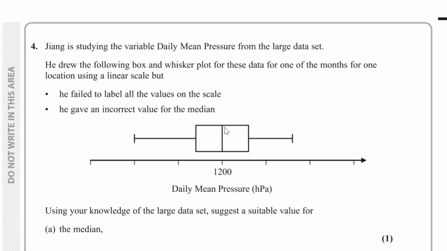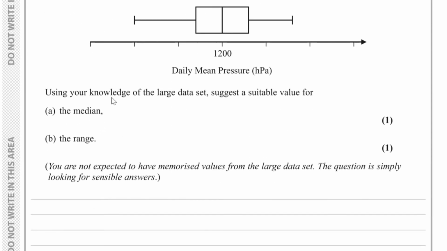Now he's given this median as 1200 for the daily mean pressure. Using your knowledge of the large dataset, we have to suggest a suitable value for the median and then the range. Now, you are not expected to have memorized values from the large dataset. The question is simply looking for sensible answers.